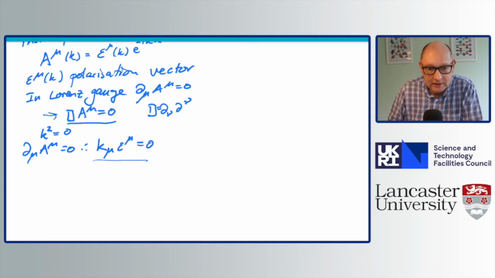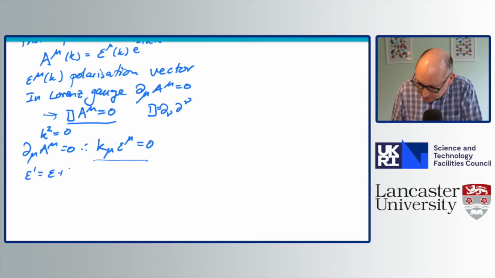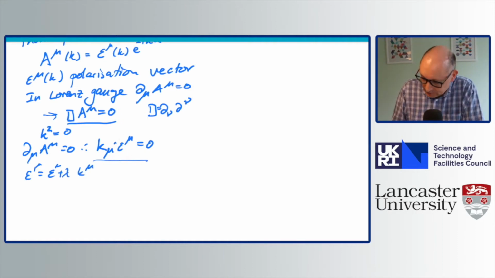Because let's say that we had one solution for the equation k^mu epsilon_mu equal to 0, then another epsilon that we could call epsilon prime, epsilon plus lambda k, even with a scalar lambda, would also solve this constraint.